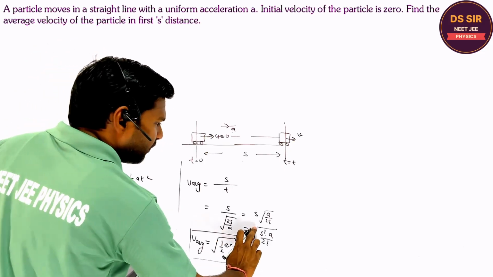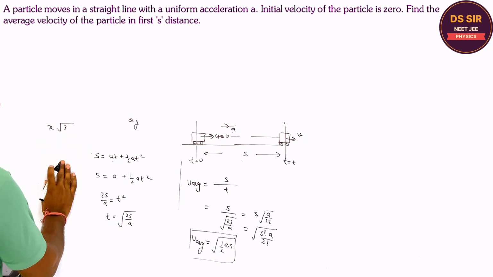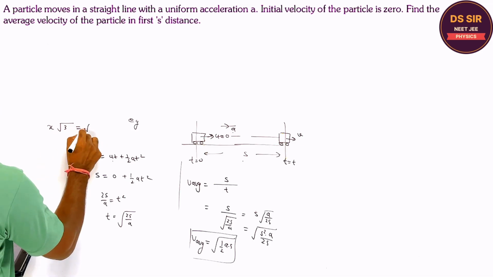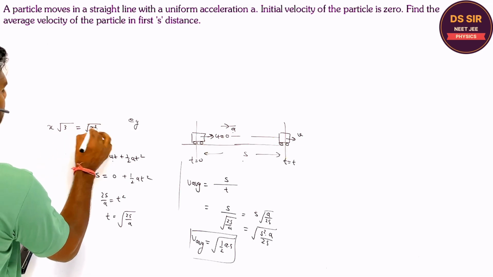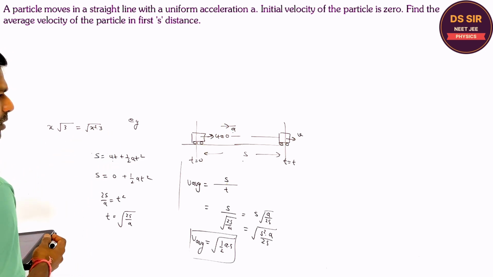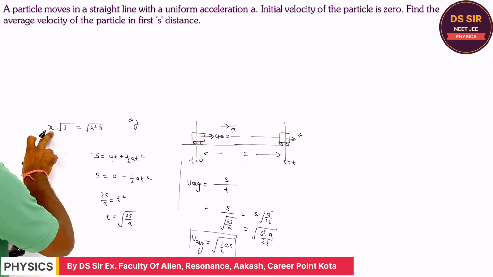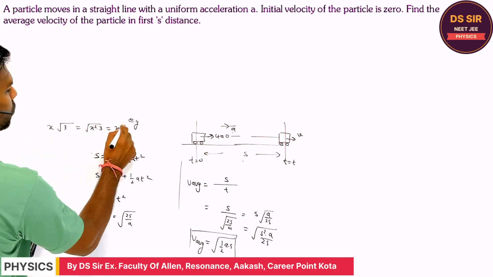If this is x, and this is 3, suppose. So when it goes inside the square root, it becomes x square. You understand or not? So when it comes out from the square root, it becomes x root 3.